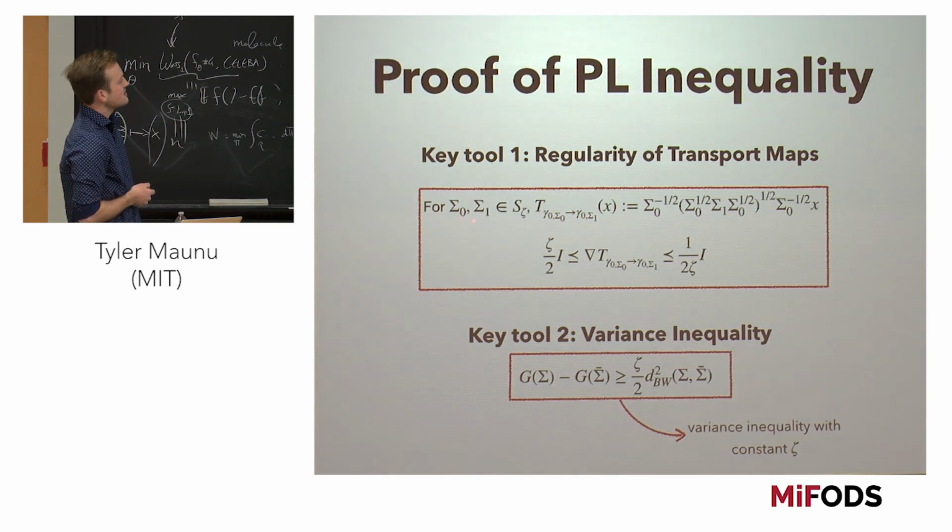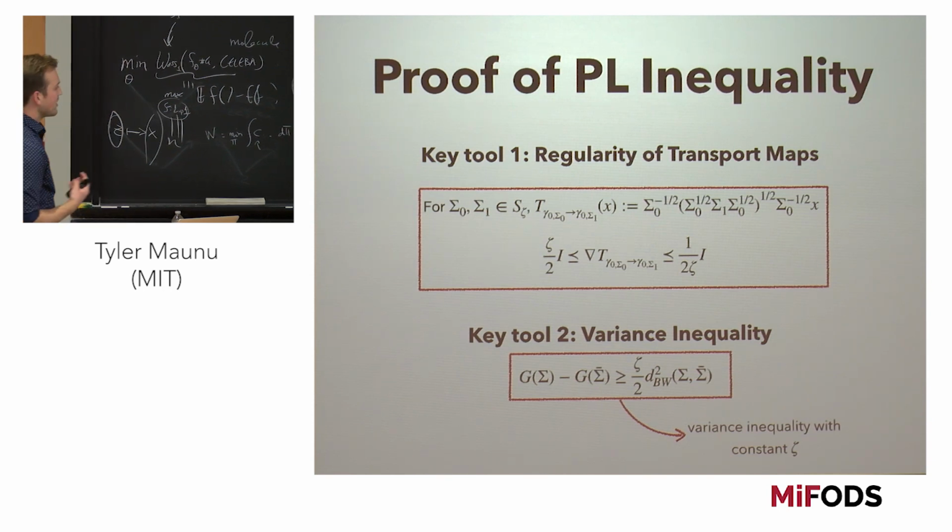And for sigma naught and sigma 1 in this set S zeta, you can essentially show that the eigenvalues of the gradient of this transport map are bounded below and above by some quantities that involve this zeta. And this ensures some sort of regularity about the transport map. Basically, it's strongly convex, and it's smooth, with some parameter that depends on zeta.